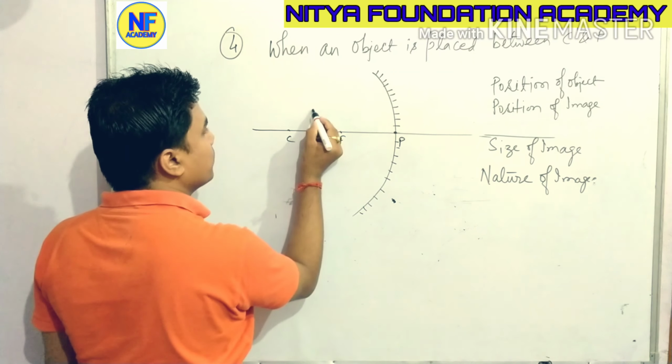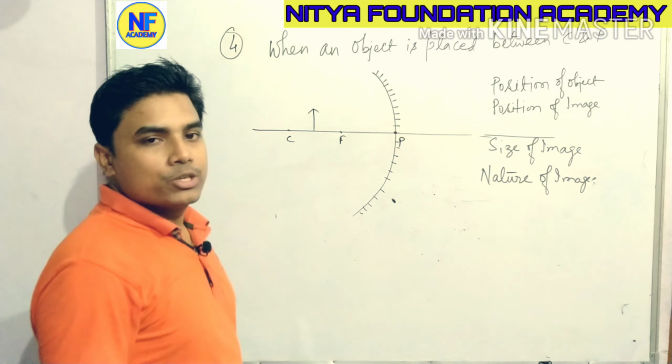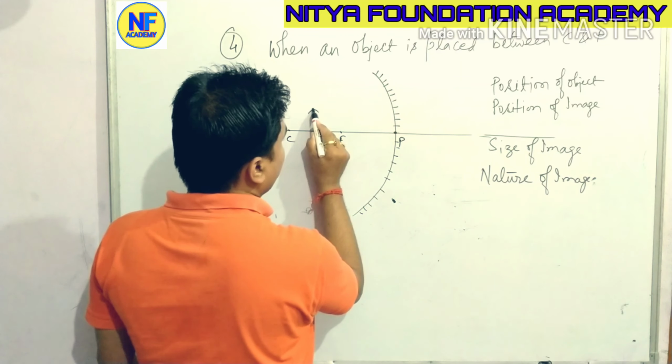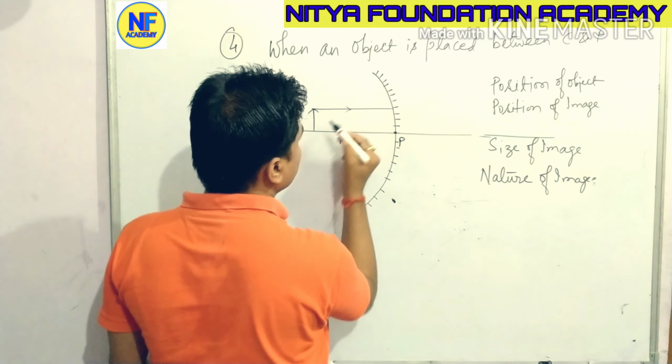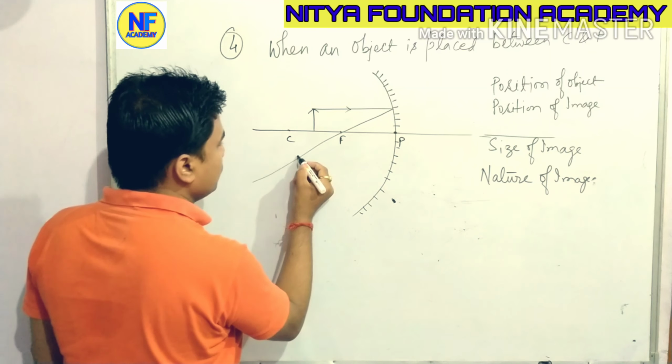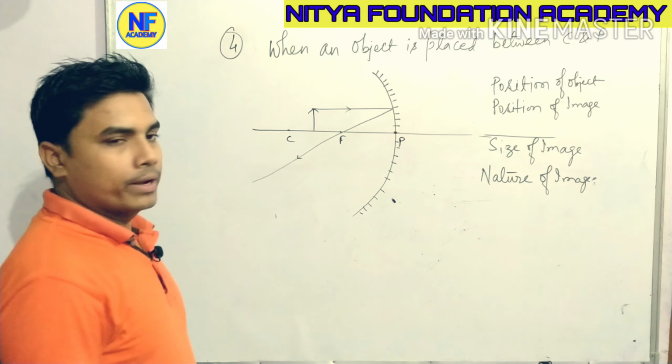So if I place an object between center of curvature and focus, you know that when an incident ray moves parallel to the principal axis, after reflection it moves through the focus.